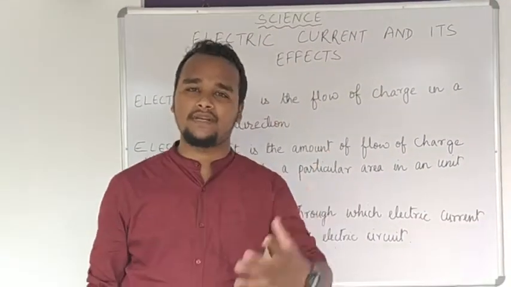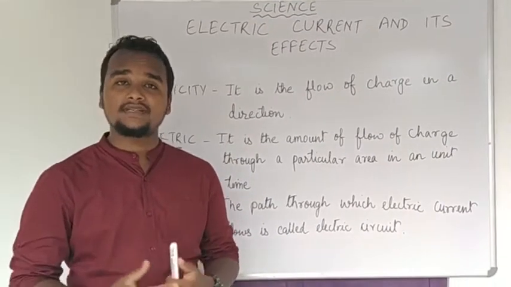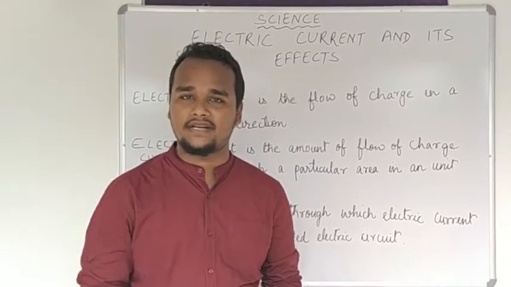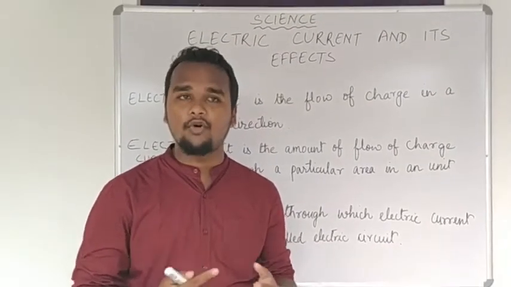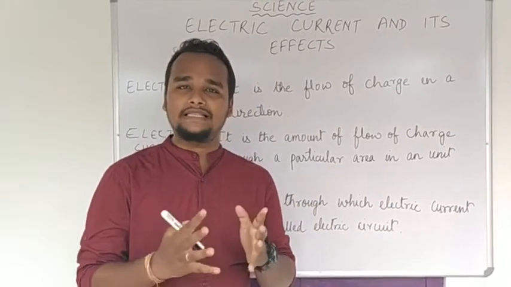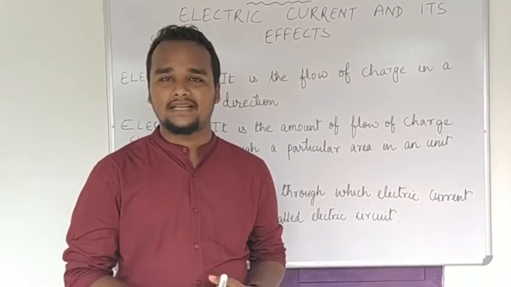Now, what is an example of an electric circuit? Before discussing the example, I want to ask you, have you seen an electric circuit? I hope all of you have seen it, but you might not know that that particular thing is an example of an electric circuit.